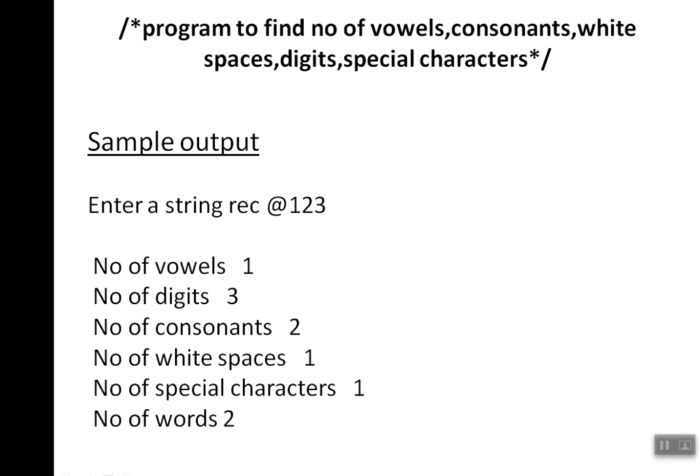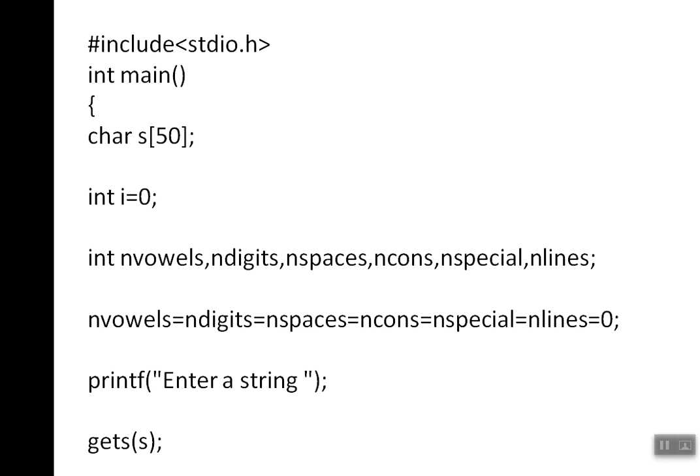You will read one string. You have to separate it into all the other elements. So how to do it? I am going to the code directly. I'm using a character array called s with size 50, i equal to 0, and we are taking different variables like n, number of vowels, number of digits, number of white spaces, number of consonants, number of specials, number of lines.